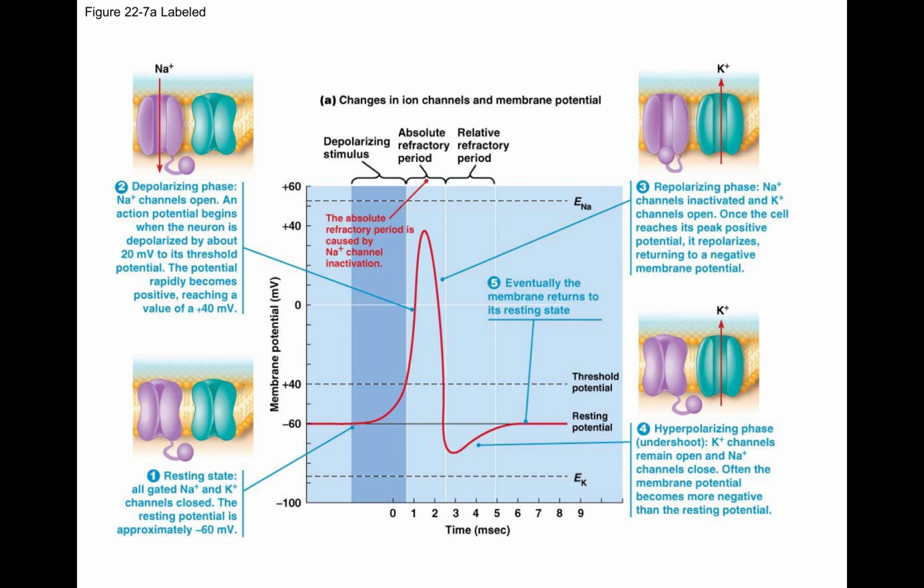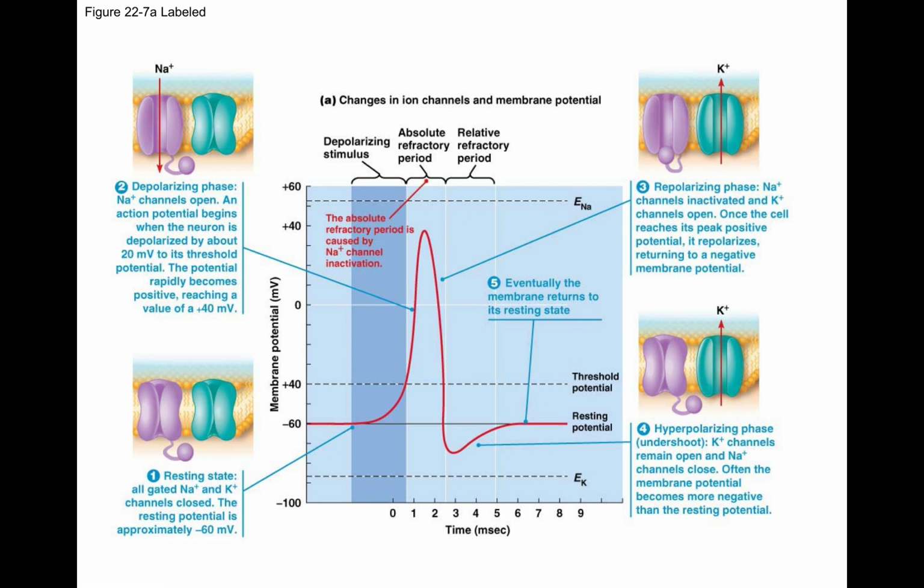Okay, so here's an action potential. You've seen this diagram in other classes probably multiple times. What is happening is at rest, when there is no action potential occurring, the cell is 60 millivolts negative on the inside relative to the outside, and that's called its resting potential.